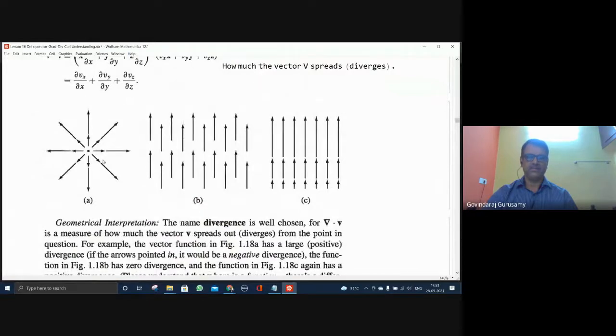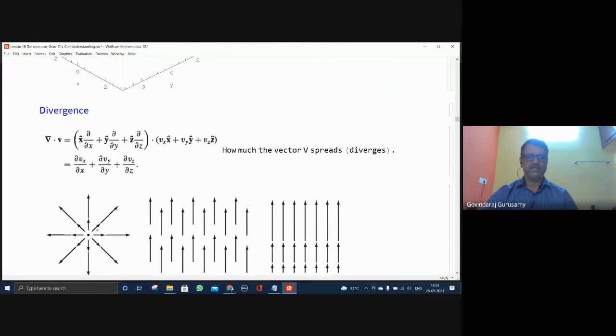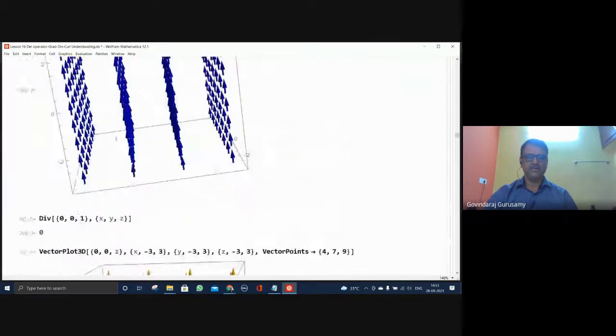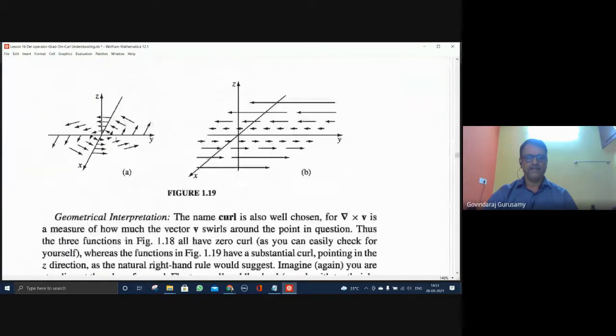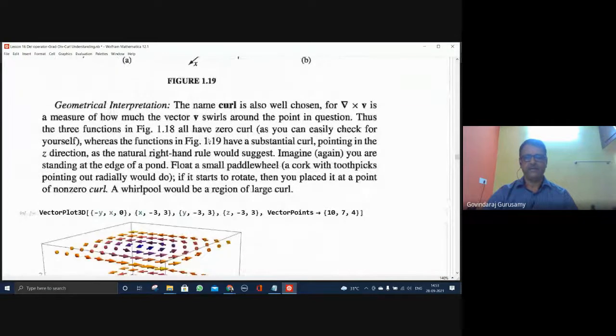There's no rotation of the vectors. So therefore A, B, C, you can try that again, find out the curl for these functions, whatever has been given, the curl goes to 0. That's what he is trying to say by referring to those figures.